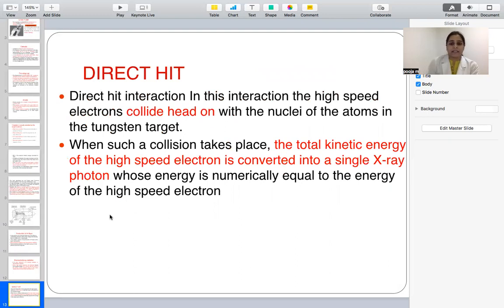A direct hit says that these high-speed electrons directly go and collide head-on with the nuclei of the atoms in the tungsten target. This results in the conversion of the total kinetic energy of the high-speed electron into a single X-ray photon.